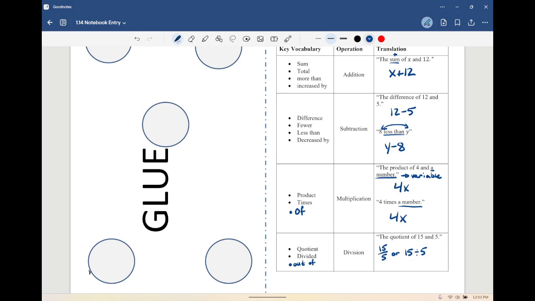Twice a number. Hang on. And then a number cube. I can't see this. Yeah, you're doing the algebra version.